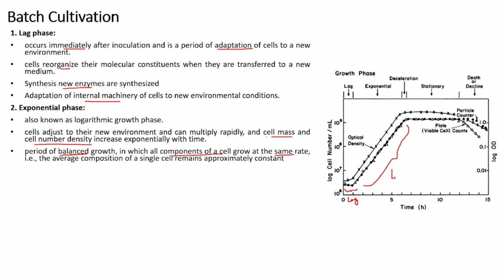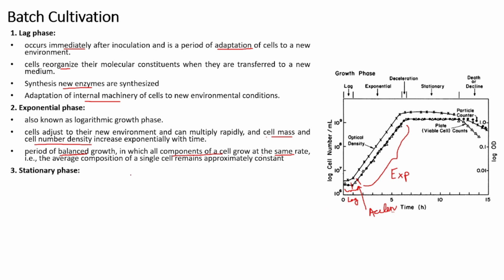Now because this is a period of balanced growth in which all the constituents of cells grow at the same rate, so you will get a linear sort of curve during this exponential phase. Alright, and between the lag phase to the exponential phase, that is when the curve starts entering the exponential phase from the lag phase, this portion is called as the period of acceleration or the acceleration phase. Okay, so this is called as the acceleration phase.